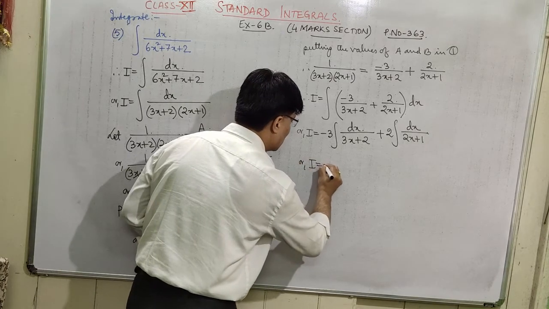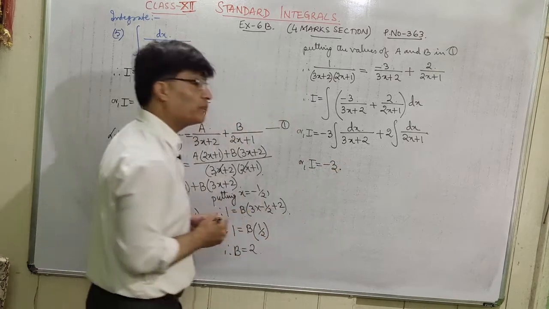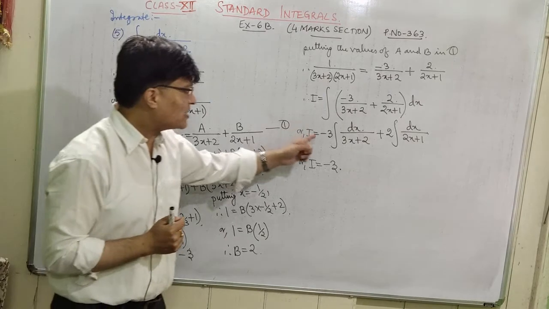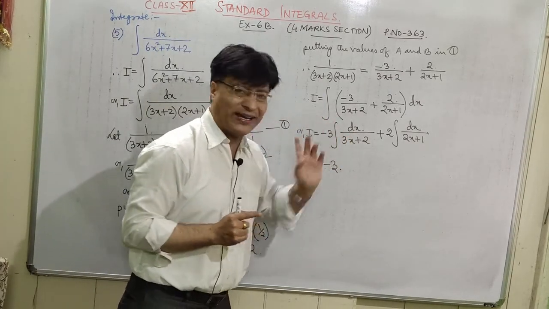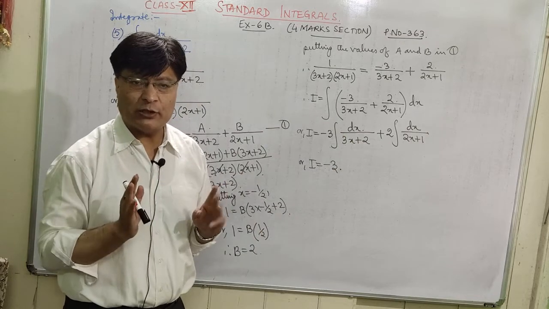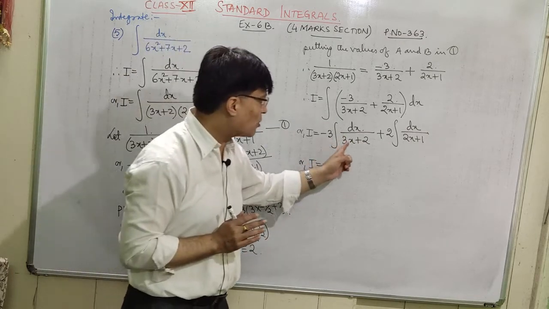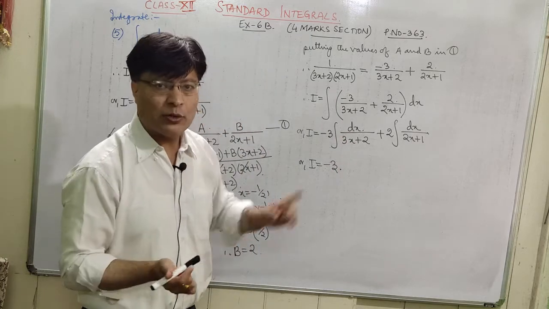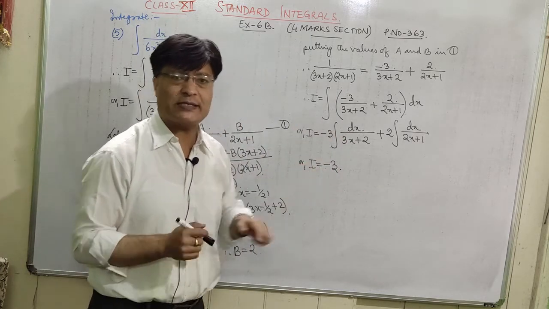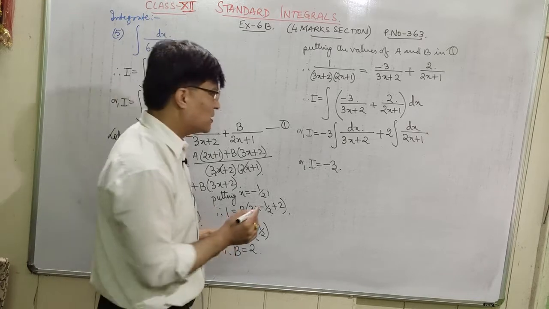Or I is equal to minus 3 into, so how will we integrate dx divided by 3x plus 2? Here the power of x is 1, so you can't use the standard integral here. So this 3x plus 2 can be taken as x. What is integration dx by x? It is log within mod x, isn't it?